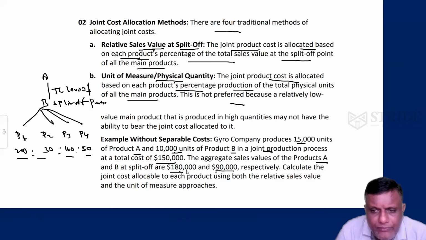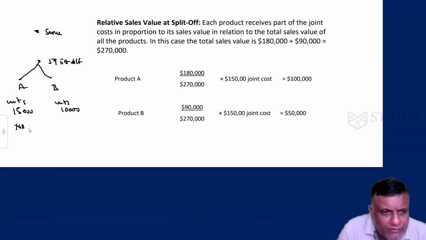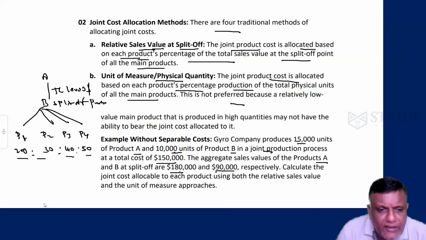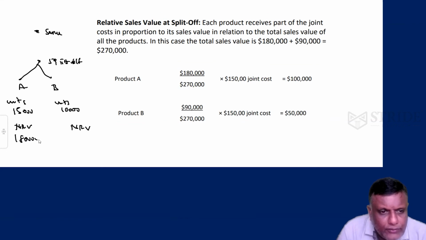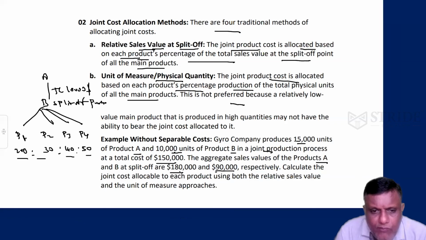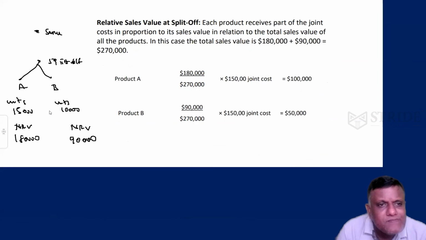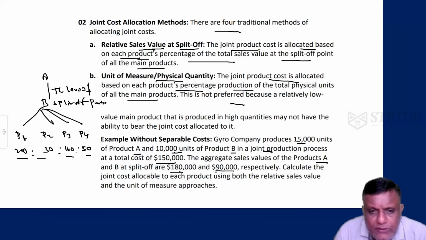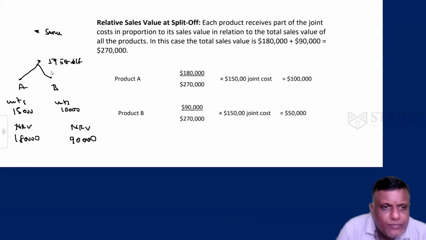Value wise, the NRV value is 180,000 and 90,000. The joint cost amount from source to split off is called joint cost. The joint cost amount is $150,000.